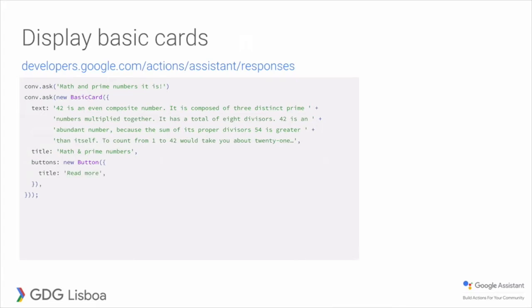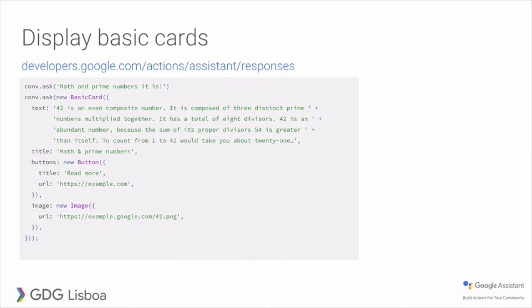So in this case, we're going to create our button with a simple title and a URL. So the URL will open that link. So maybe you want to open your company's web page. Maybe you want to show them something on Wikipedia. So when they click on that button, it's going to open that web page and go out. And you want to display an image maybe. So you want to make it look nice.